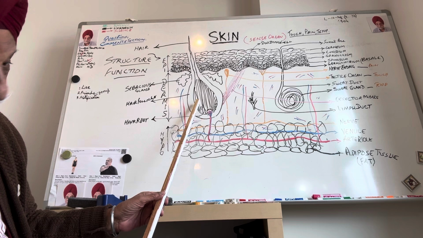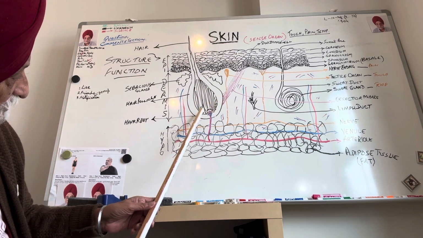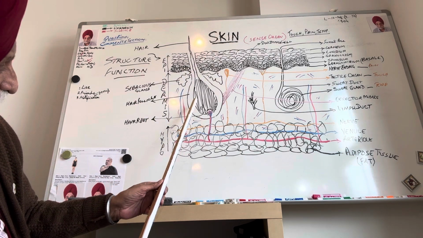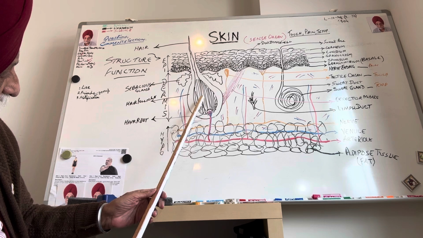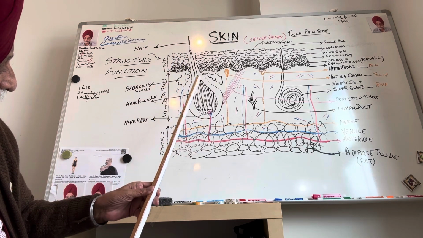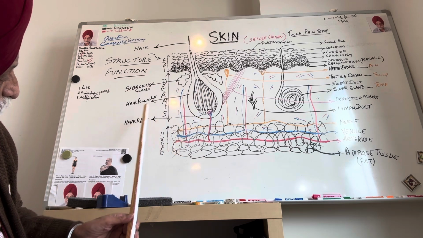The hair is contained in a flask-like structure called the hair follicle. It is in the hair follicle that the hair comes out of the body. The base of the hair is called the hair root.